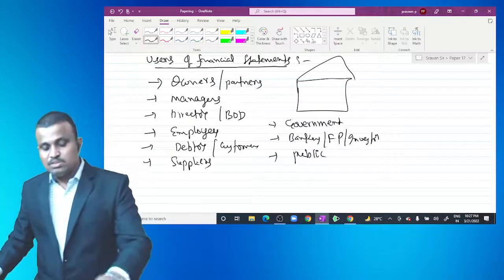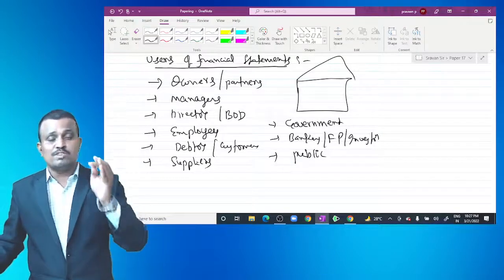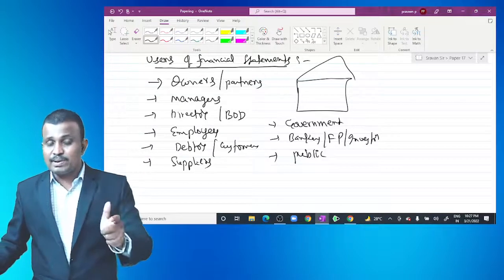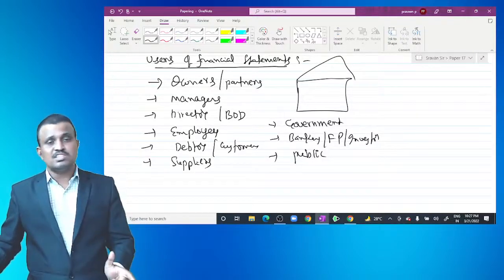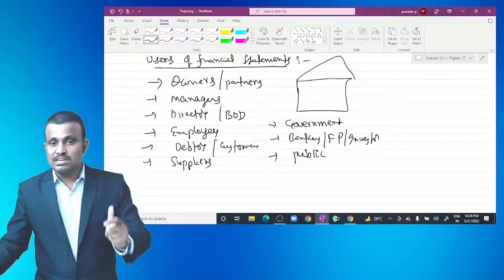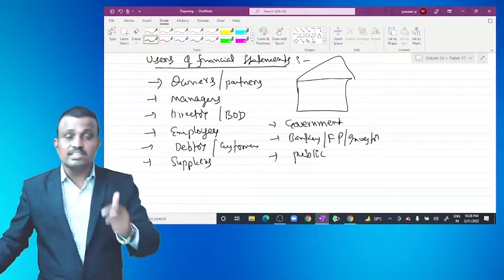For example, coming to the employees, they need the financial information. They want to know whether the company has a profit in the current year or not, because their expectation is whether management will provide hikes or bonus in the subsequent period.